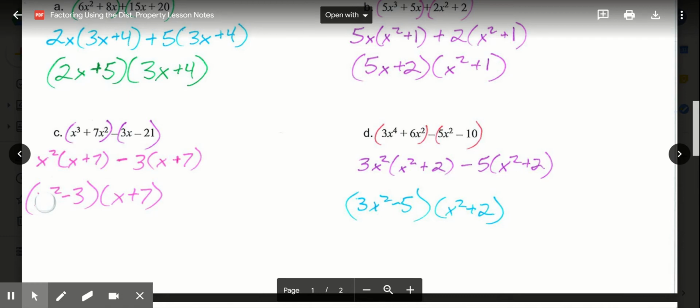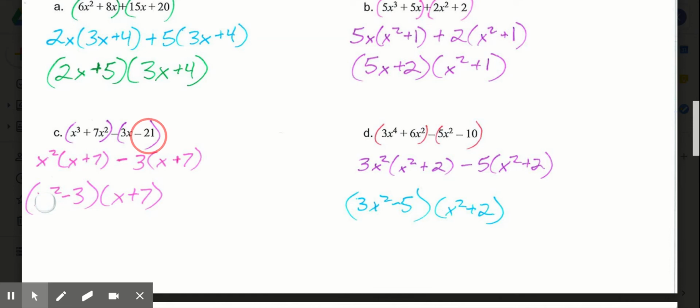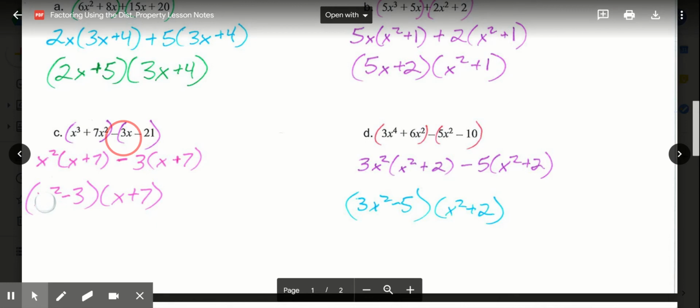Now it's subtraction in between these. So I'm going to keep my negative here. And then the 3x minus 21 piece, I'm factoring out the negative 3. On the inside, my minus 3x becomes a positive x, and my minus 21 becomes a plus 7, because both of these, negative and negative, divided by that negative 3 on the outside, gives us the x plus 7.